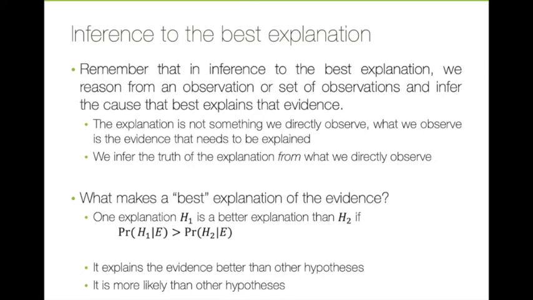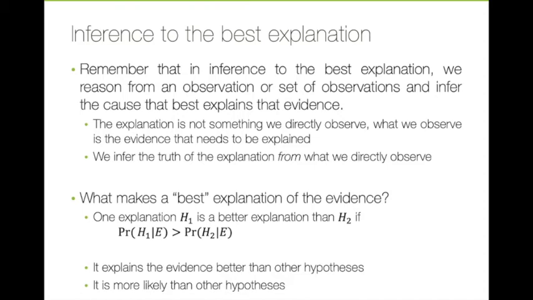So the explanation is not something we directly observe. Instead, what we observe is the evidence that needs explaining, and what we infer is our conclusion. We infer the truth of the explanation for what we have directly observed. We gave some criteria for what made a better explanation when we introduced this pattern of reasoning in Lesson 7.